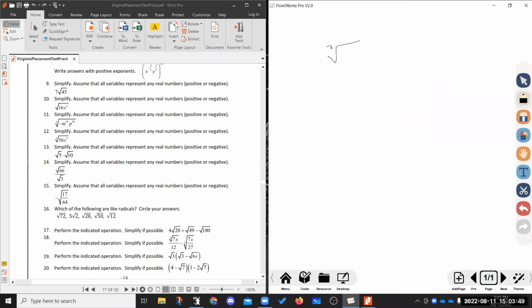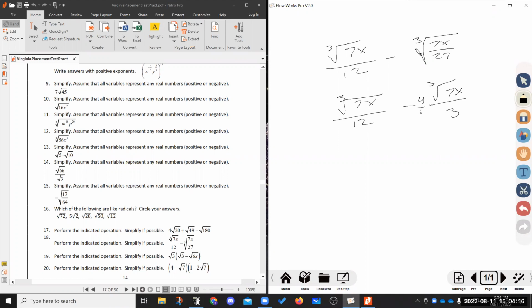Now we're going to perform the indicated operation. Notice the cube root here is over the entire fraction. So this is the cube root of 7x over 12 minus the cube root of 7x over, and the cube root of 27 is 3.